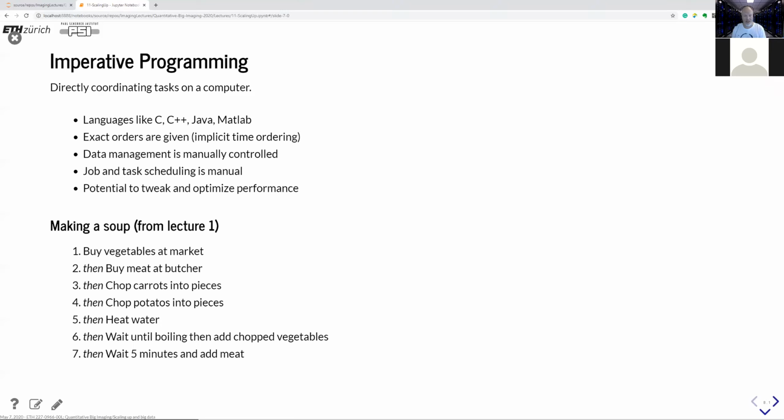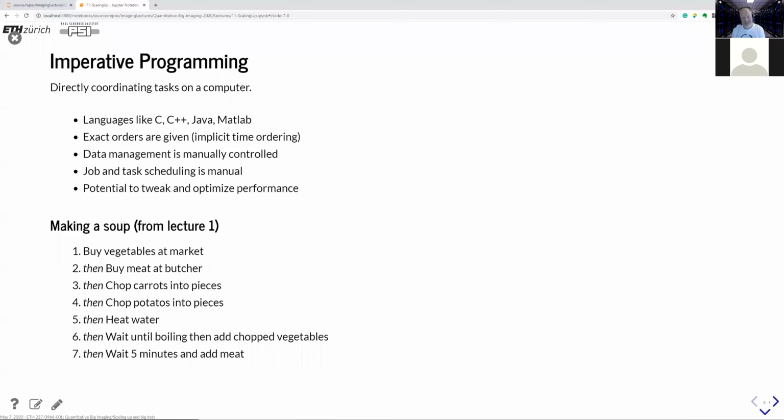Just a little reminder from lecture 1, we had this making a soup example. To make a soup, we need first to buy some vegetables. Then we need to buy some meat. When we got the ingredients, then we need to chop the carrots into pieces, chop the potatoes into pieces, heat the water, and then wait until the water is boiling.